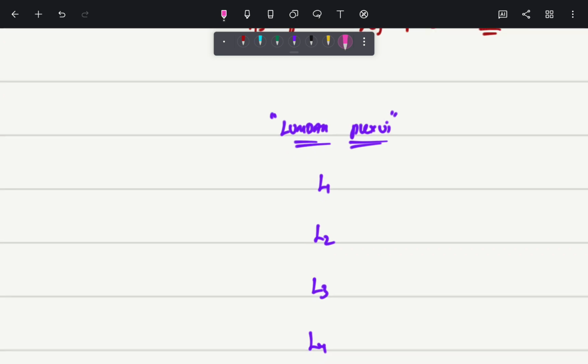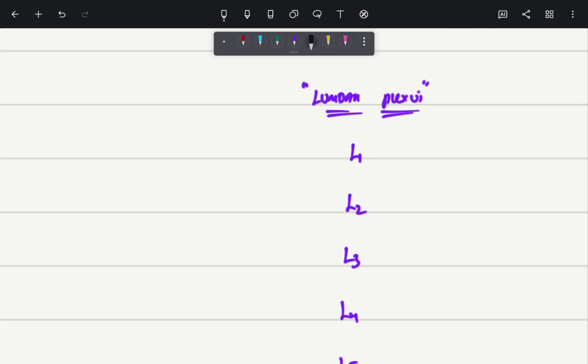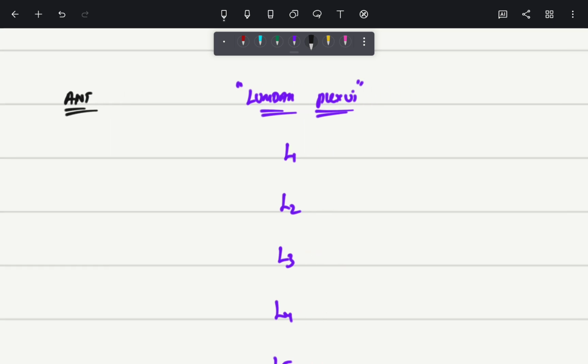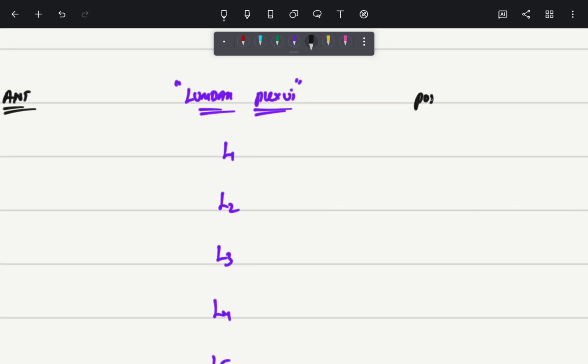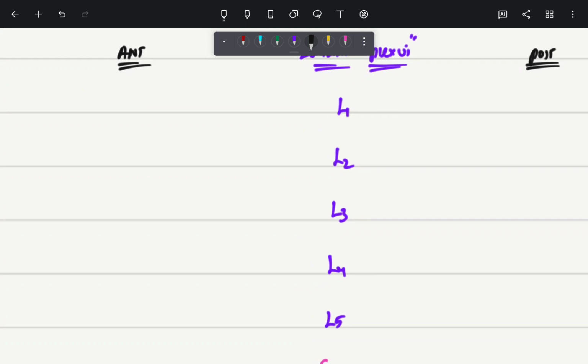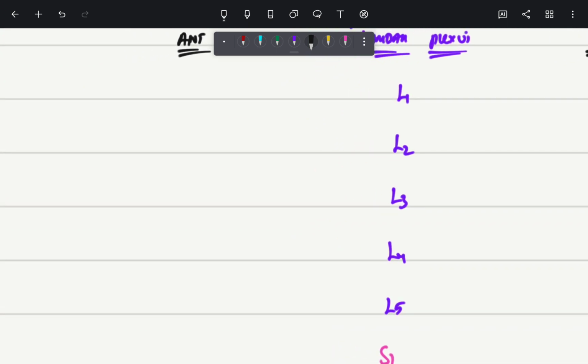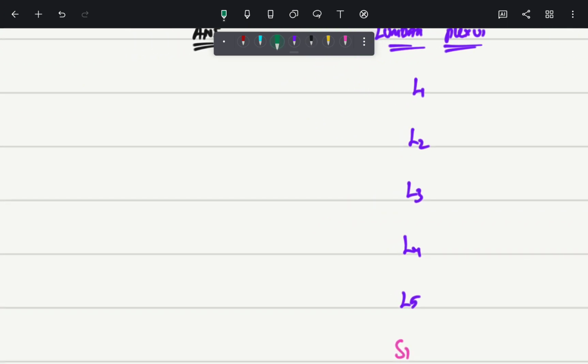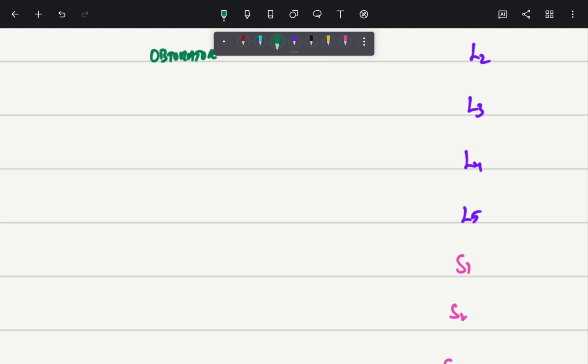This lumbar plexus is usually divided into anterior division and posterior division. In the anterior division, we have mainly two nerves, which is your obturator nerve, and the other one is your tibial nerve.